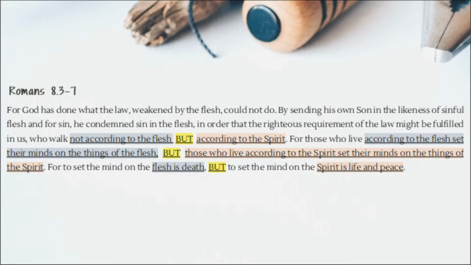According to the flesh, set their minds on things of the flesh, but those who live according to the Spirit set their minds on the things of the Spirit. Okay? Then you have flesh is death, Spirit is life and peace. Right? Okay. Good.